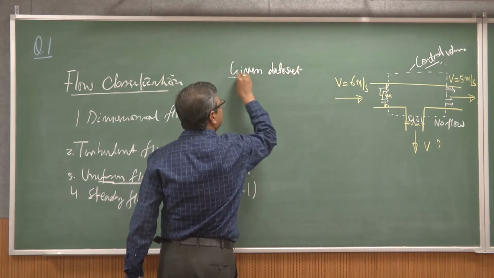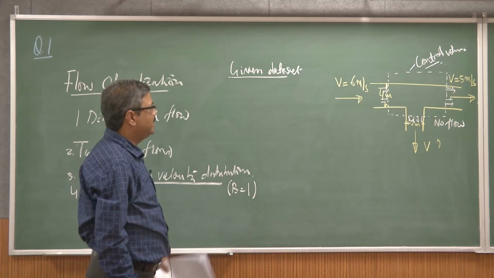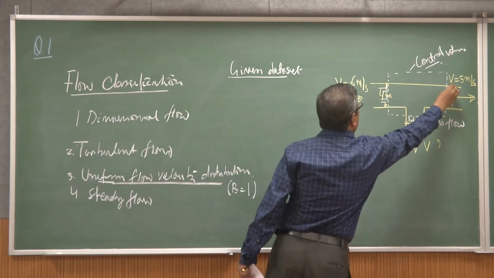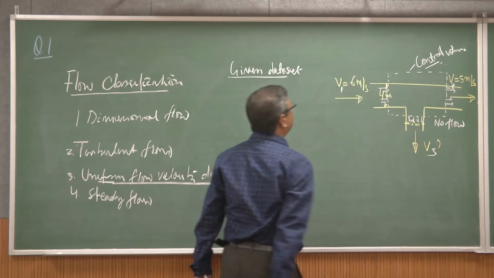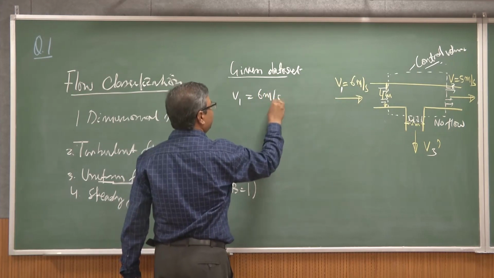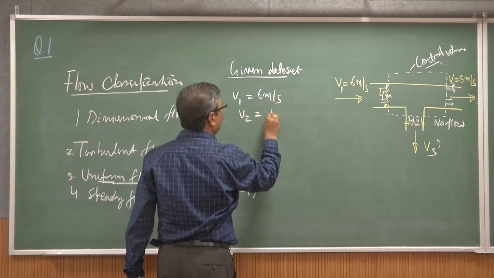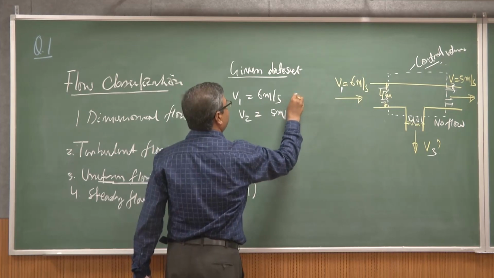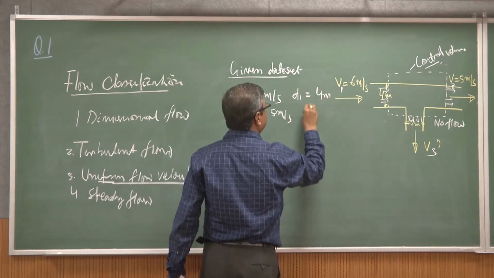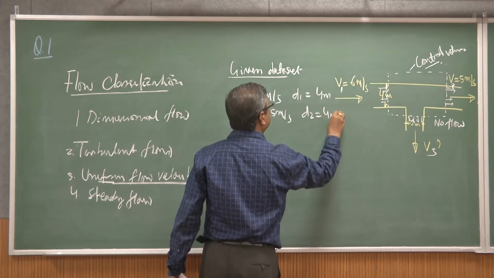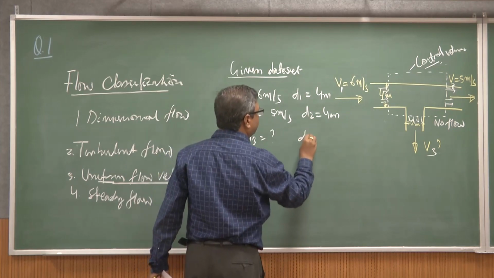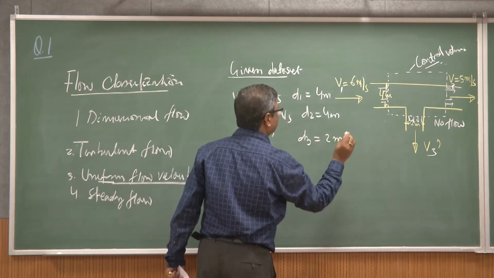In this case, it's a very simplified case that if I find out the velocity in V1 and V2, and this is the V3, so I have the velocity V1 is 6 meters per second, V2 is equal to 5 meters per second, and D1, the diameter, is here 4 meters, D2 is also 4 meters, but V3 is unknown to us, and D3 is 2 meters.